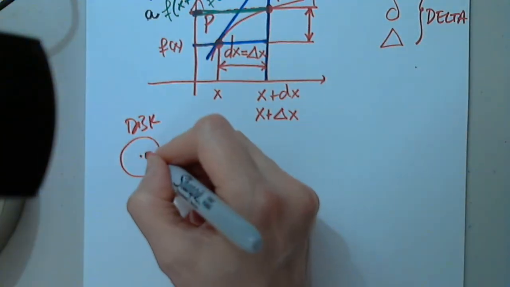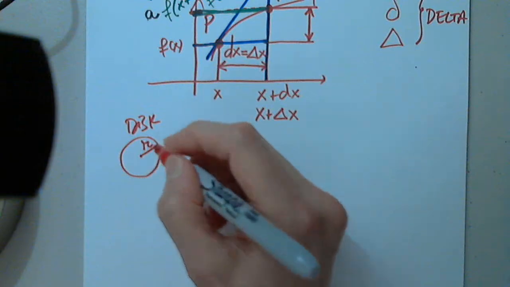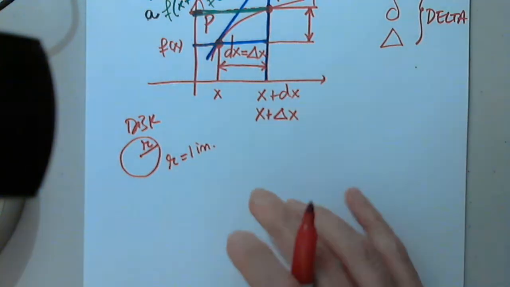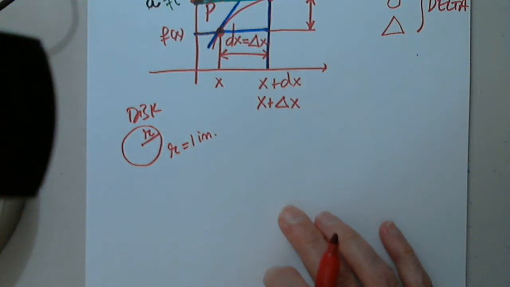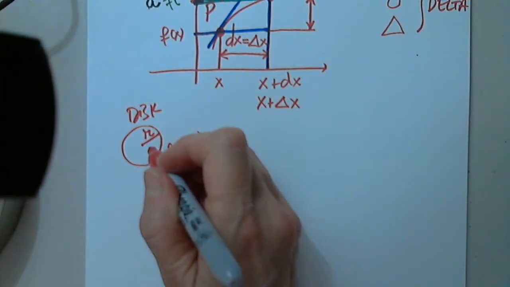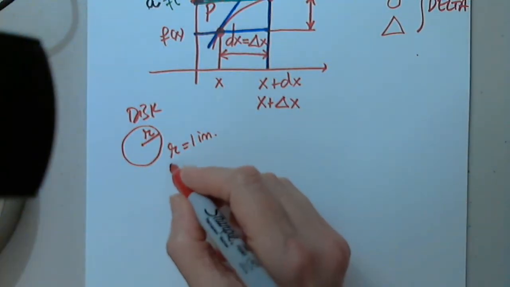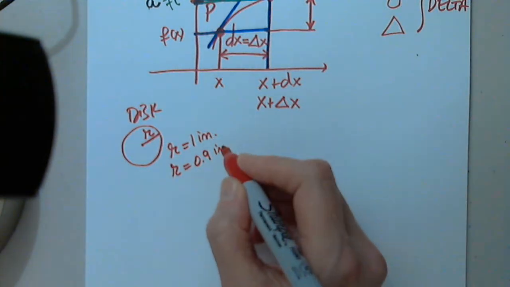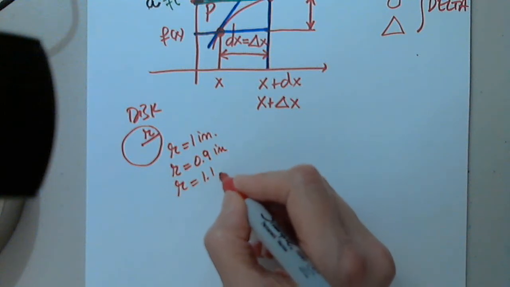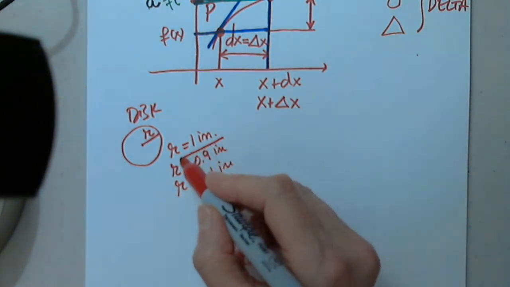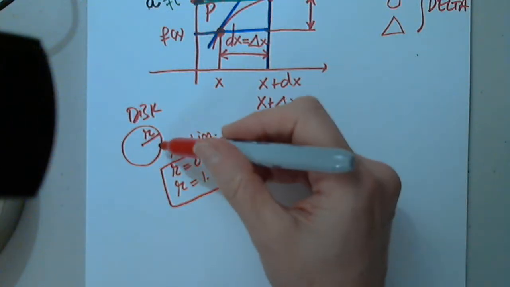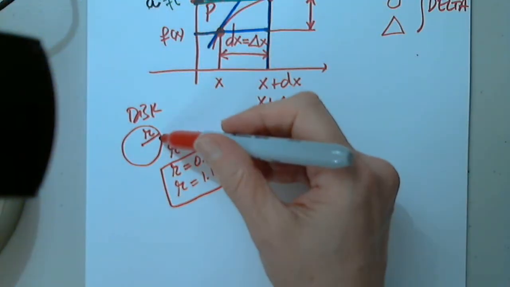And this disk is supposed to have a radius, let's say for simplicity of 1 inch. But when I measure this radius, I get 0.9. Or I may get 1.1. I do not get exactly 1 inch as it is supposed to.